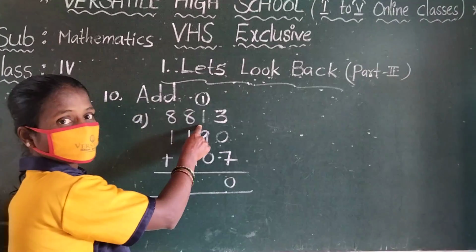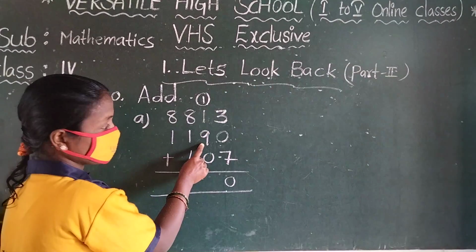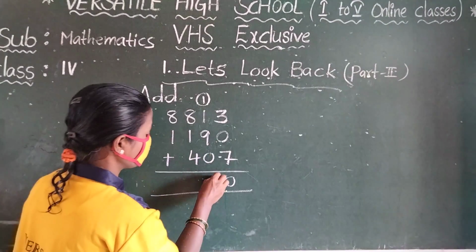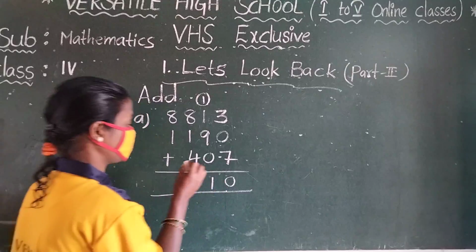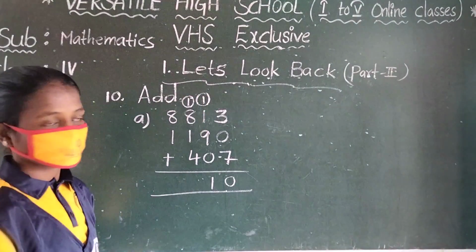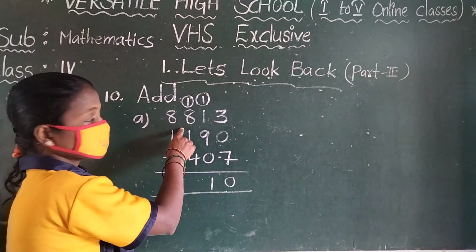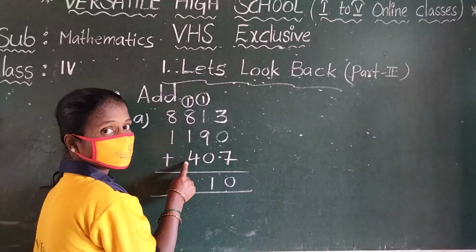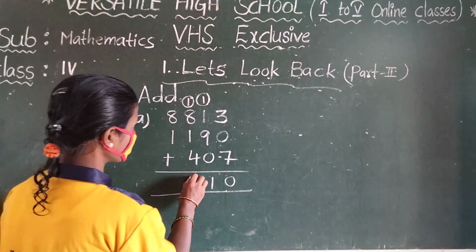Now add this one. 1 plus 1, 2. 2 plus 9, 11. 11 plus 0, 11. So you write 11. That means you write the ones digit down and the tens digit up. 8 plus 1, 9. 9 plus 1, 10. 10 plus 4, 14.